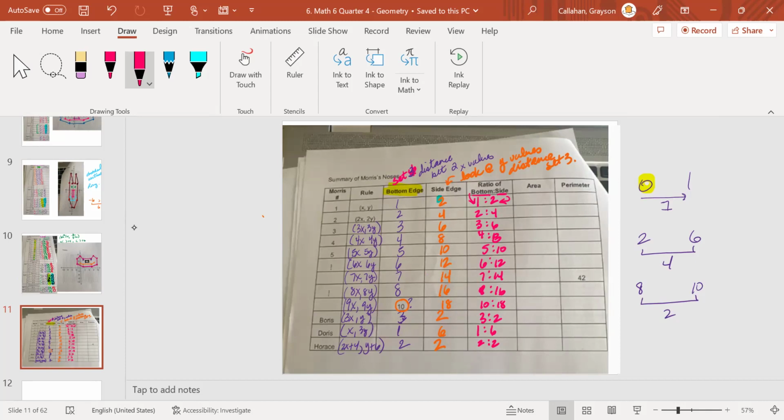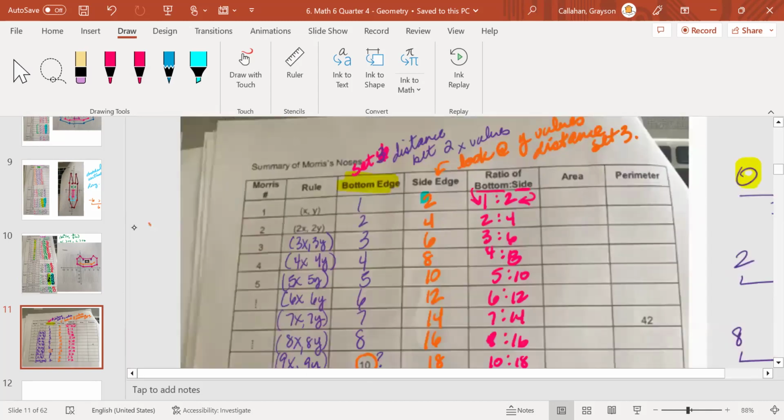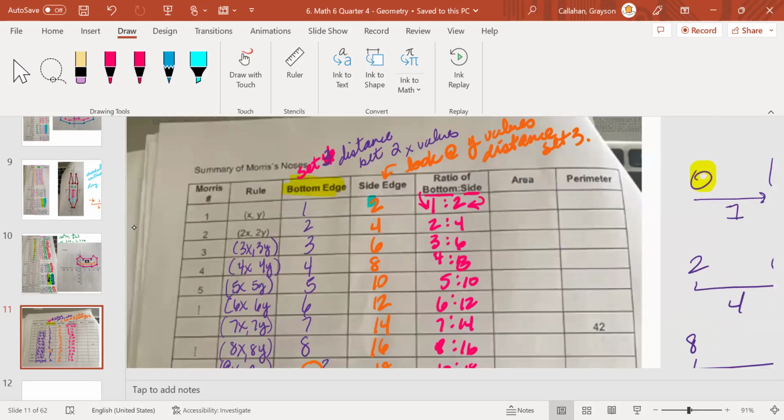All right, so then let's take a look at this. Next part here is area. Do you see where it says area? Okay, so with the area, you're going to use the bottom edge and the side edge. Do you see that? Okay, if the bottom edge is 1 and the side edge is 2, like that, right? How would you find the area of this rectangle? What would you do?